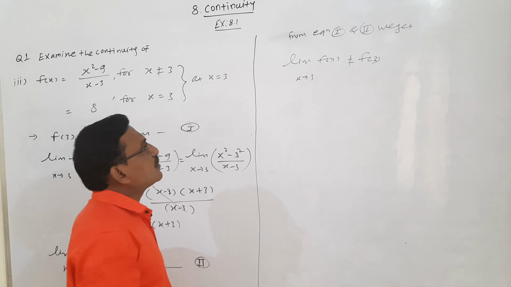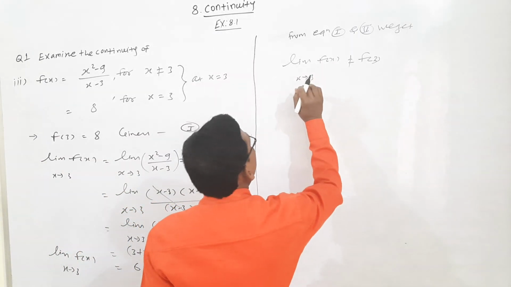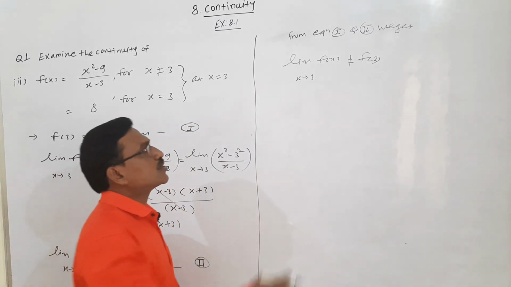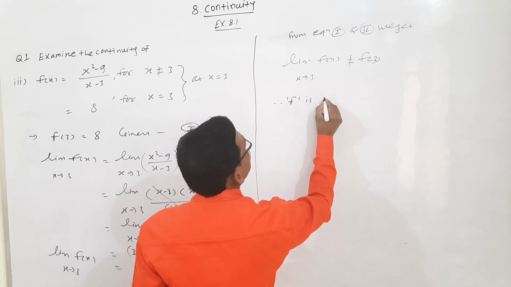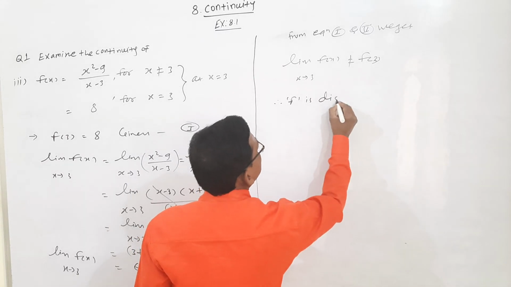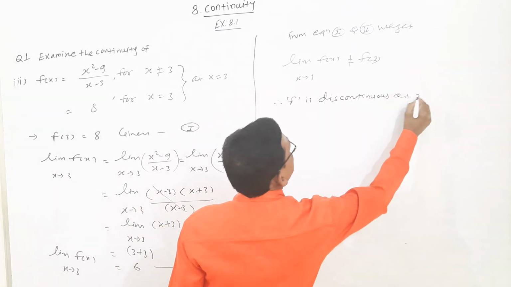That's why the right hand sides are not equal, therefore the left hand sides are not equal. The limit of that function is not equal to the function value at that point, therefore the function f is discontinuous, which means it is not continuous, at x equal to 3.